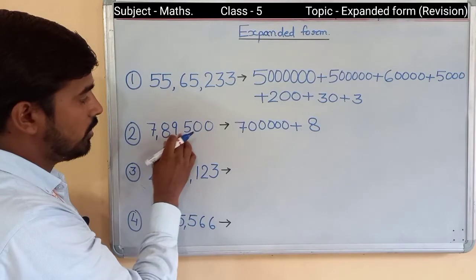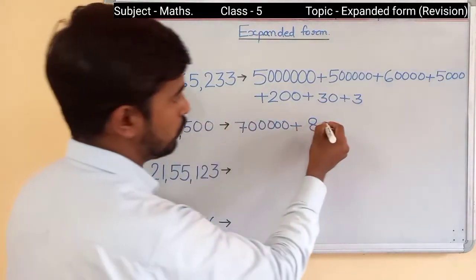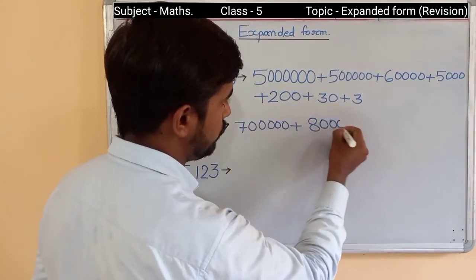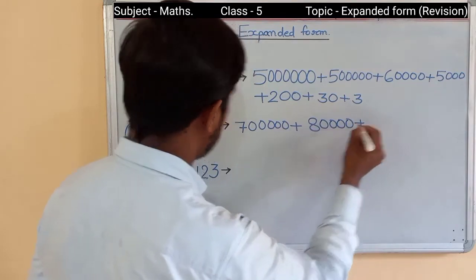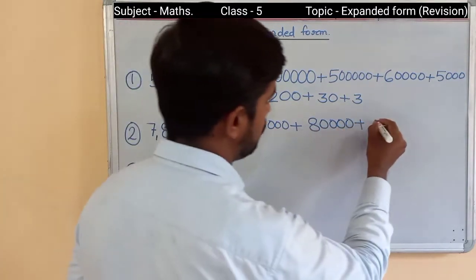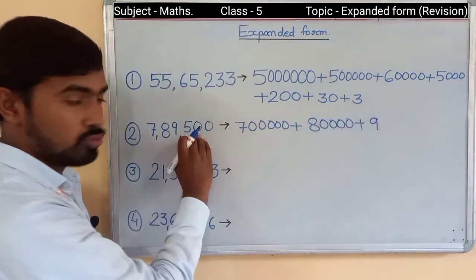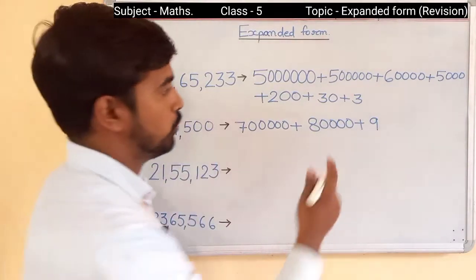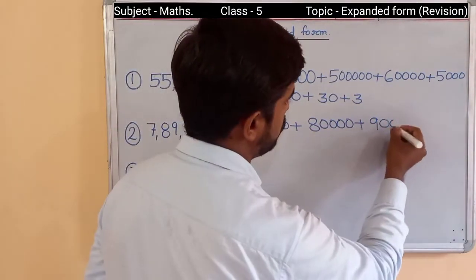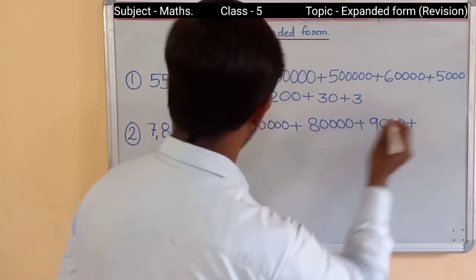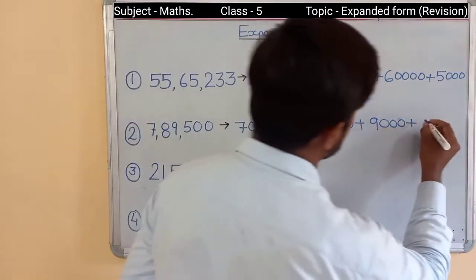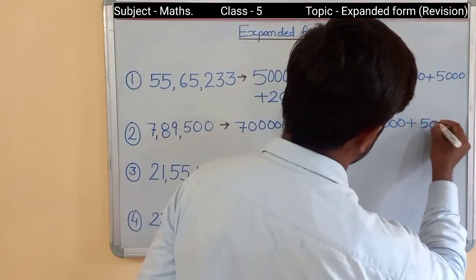Count the digits. 1 2 3 4. 4 zeros. Again 9. 3 digits, 3 zeros. Now this 5 and 2 0.